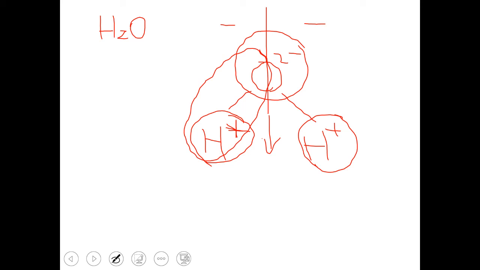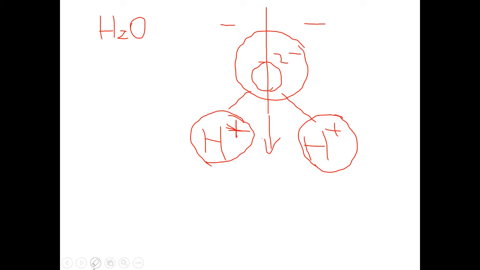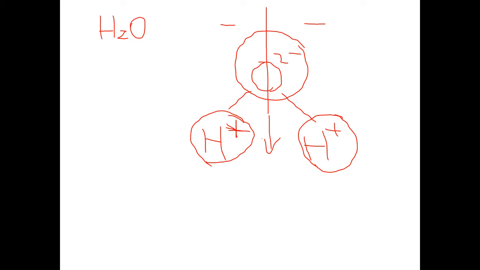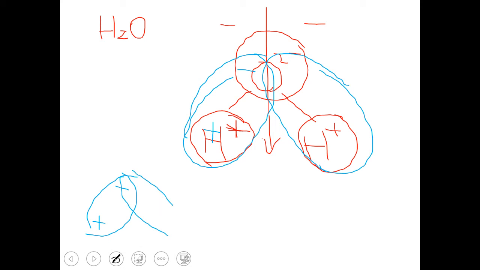Like here, maybe I make it another color, so you can feel that there is a dipole in this direction. This is positive, this is negative, so that you can feel like something like this: positive, negative. And you have another dipole lying here, negative, positive.